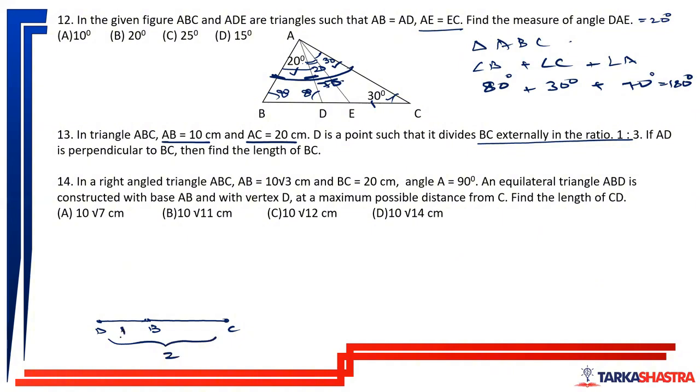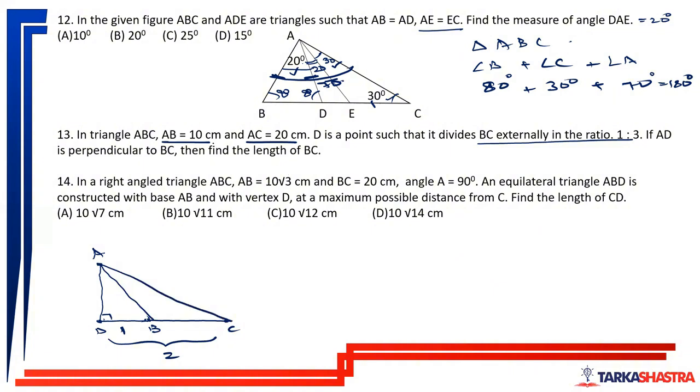Okay, this is how external division is done. If AD is perpendicular to BC, okay, A will be here, and this is perpendicular. AD is perpendicular to BC. This is AB. This is AC.